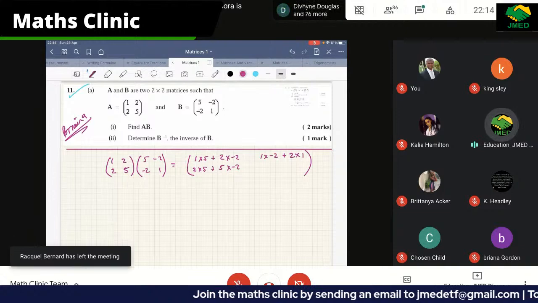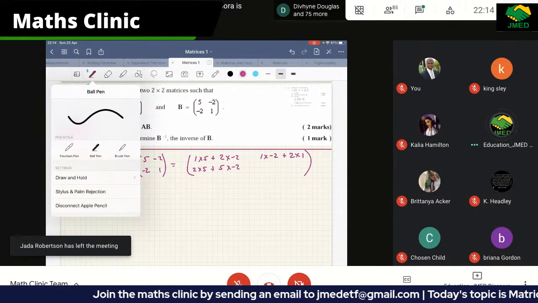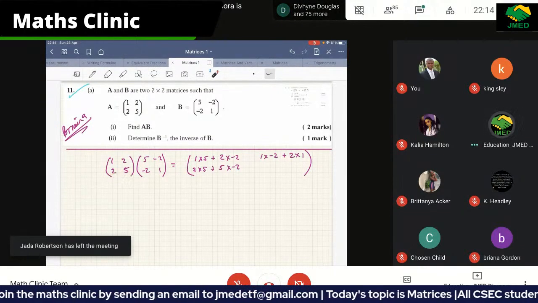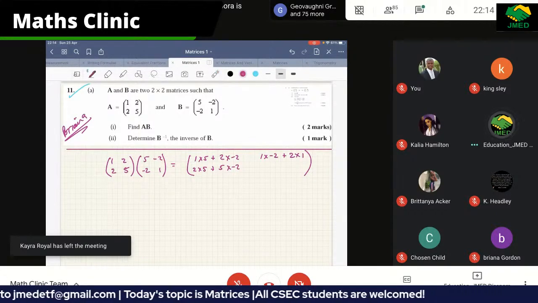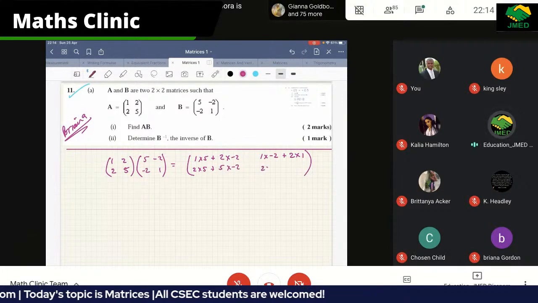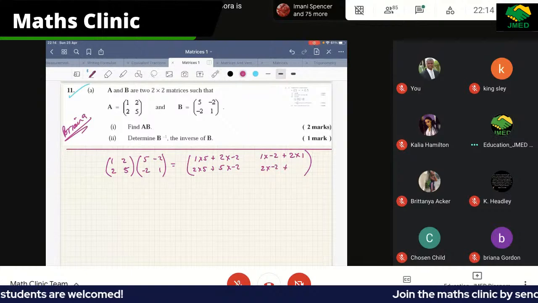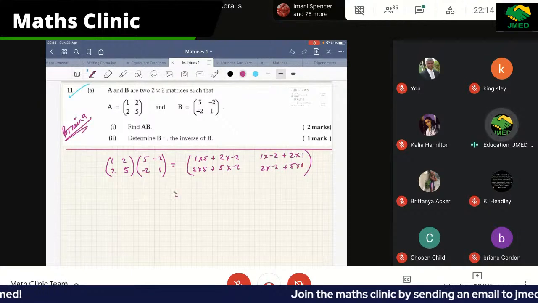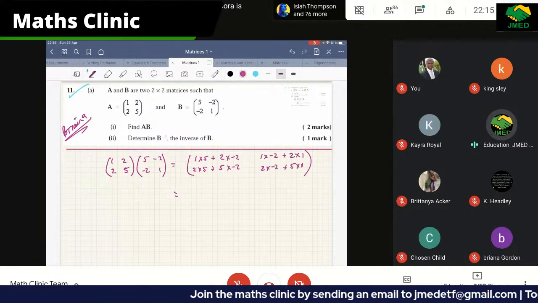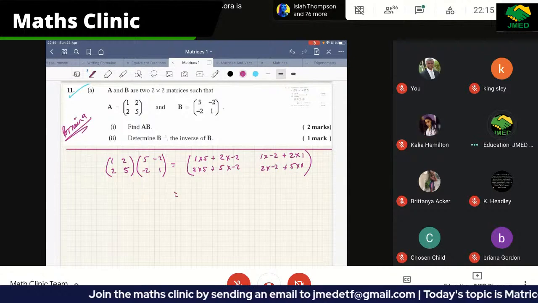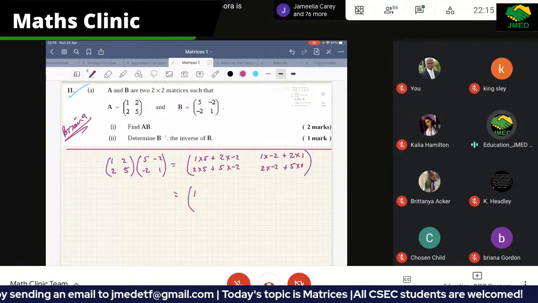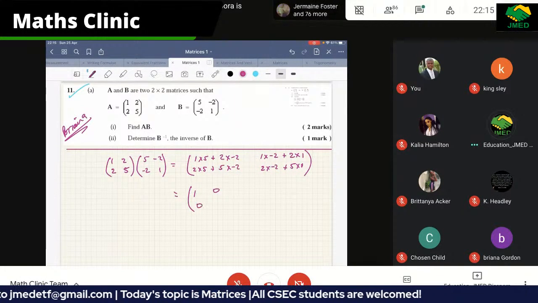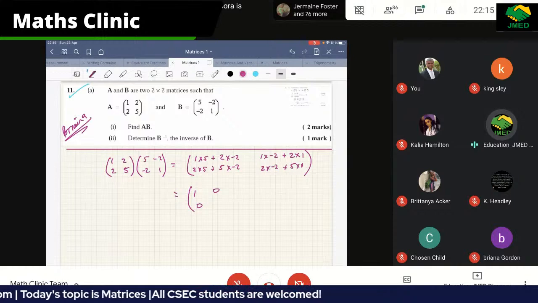And I'm going to do the same thing with the second row by the second column: 2 times negative 2 plus 5 times 1. And we do our simplification. So this will be 5 plus, that's 1. That part is 0, 0. And when we simplify this, is this 1?